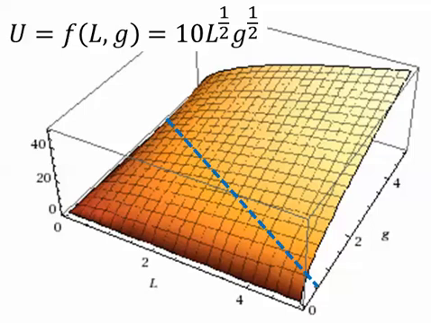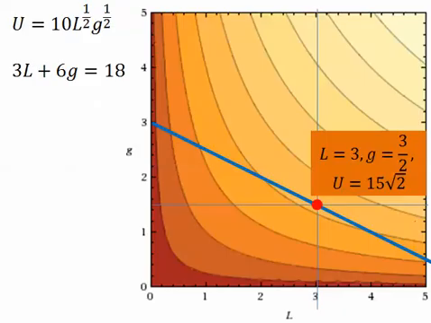And you can kind of eyeball it to see where it might be. I'm using level curves to help us see it a little bit better. And again, the dotted blue line now is solid because I have everything in the LG plane.